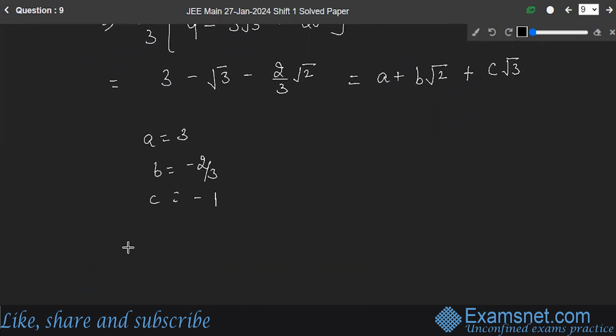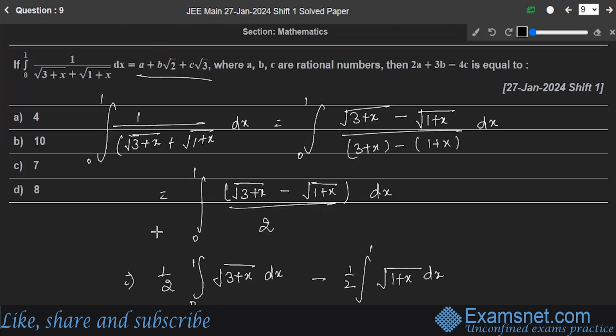So these are the values of a, b, c. To find was the expression 2a plus 3b minus 4c, which will give me 6 minus 2 plus 4, that is equal to 8. So this is the required answer, option D. This is the correct answer to the question. Hope you're clear with this.